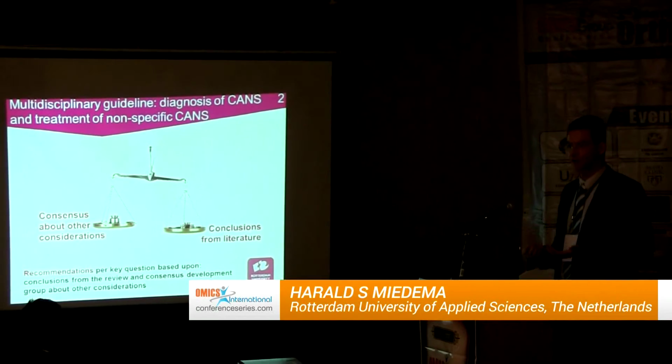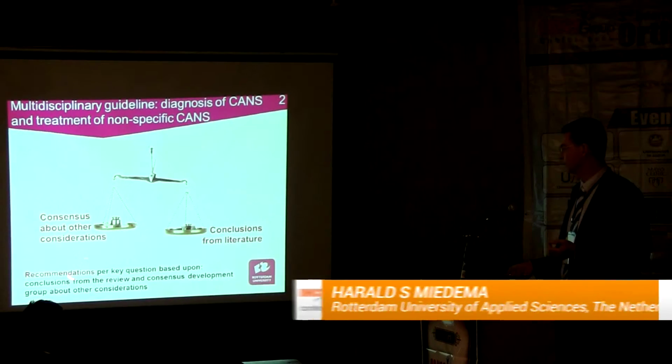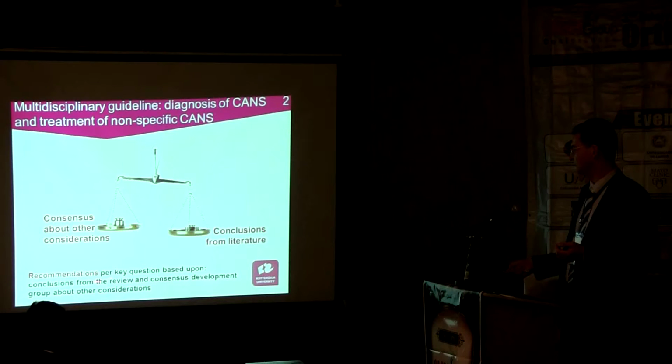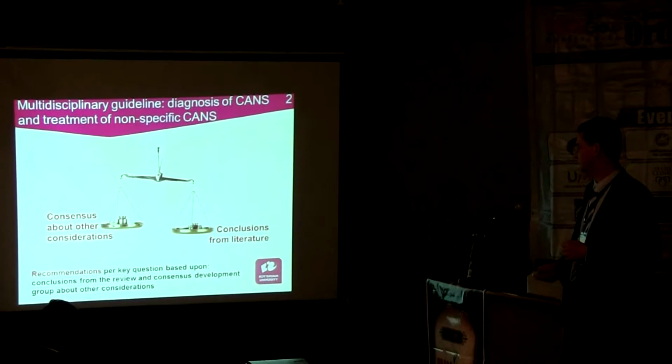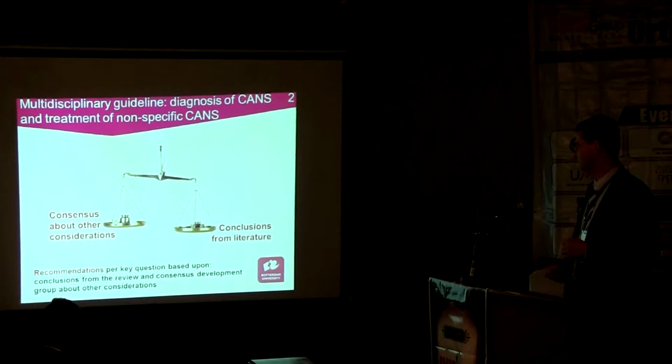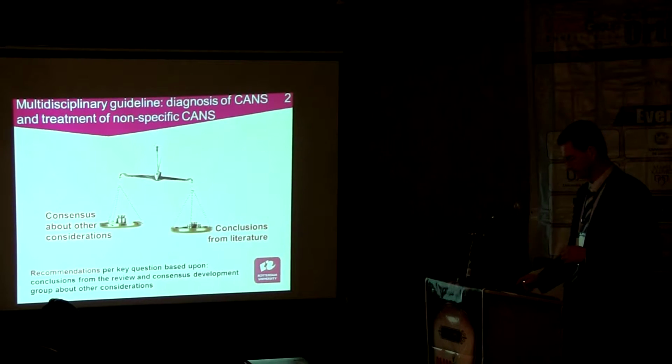There are also a lot of other considerations that are important for the recommendations made for each key question. But these considerations first had to go through a consensus procedure so that everyone in the multidisciplinary team agreed about these considerations that are taken into account for the recommendations. And then we have recommendations based upon the conclusions from the review and this consensus in the development team.